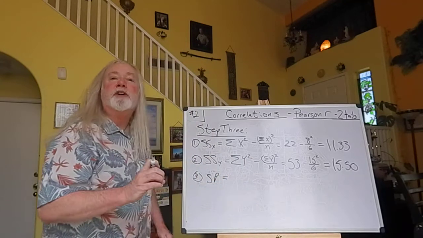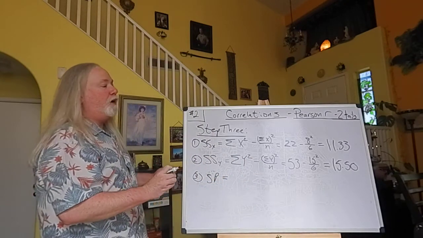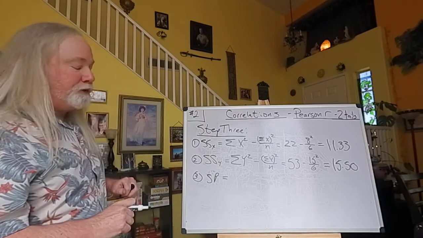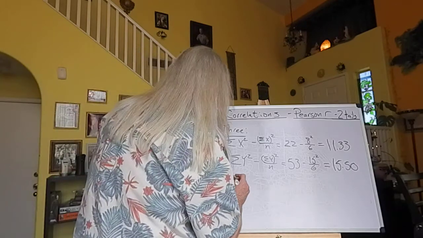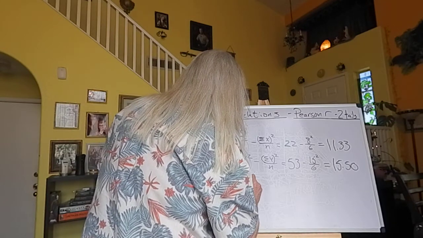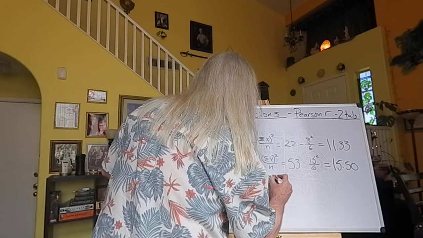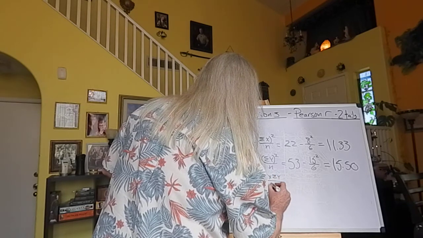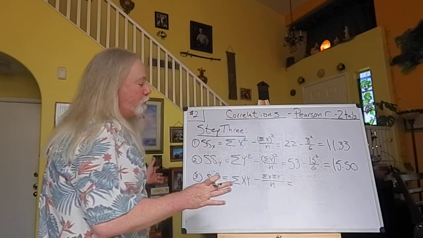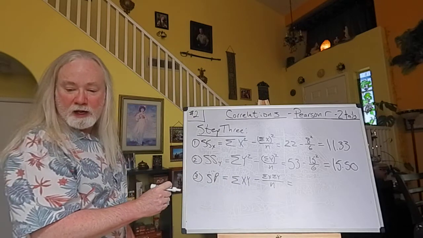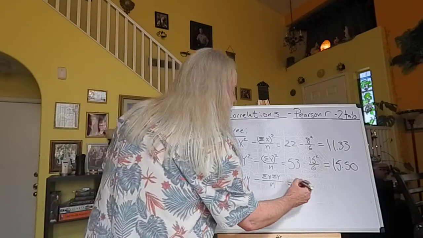Sums of products. Now our measurement of covariance, or covariability. How are these things varying together? So we know we need the summation of x times y minus the summation of x times the summation of y over n. So again, we've got all these values. Our summation of x times y's was 10.